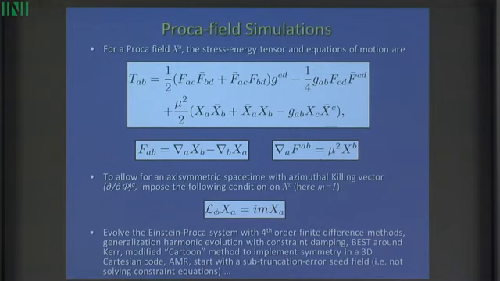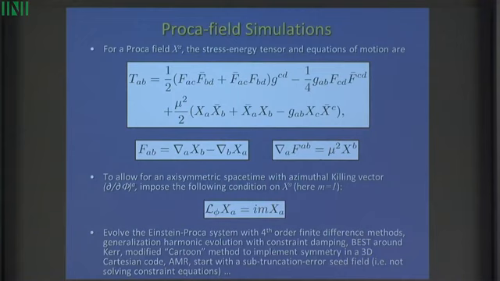The same is true of these massive bosonic fields, as you need to break axisymmetry. But there's a trick we can do with these massive fields. Essentially, we can superpose two of them together. We can have two of these bosonic fields, but make them 90 degrees out of phase, because then it's the sum of the squares of these fields that is the stress energy tensor that goes onto the right-hand side of the Einstein equations.